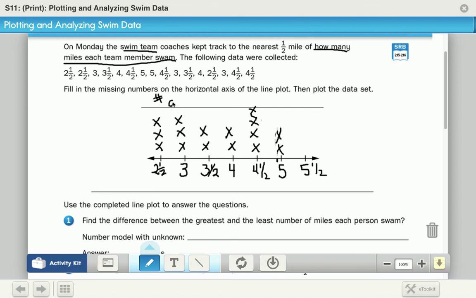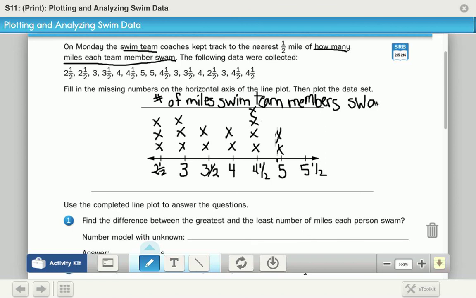Number of miles swim team members swam. Now that turned out longer than I expected it to be, but I feel like that information is all important because you need to make sure people know that each one of these data points is one person.